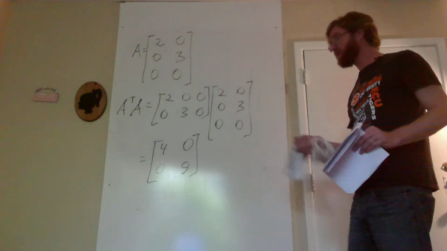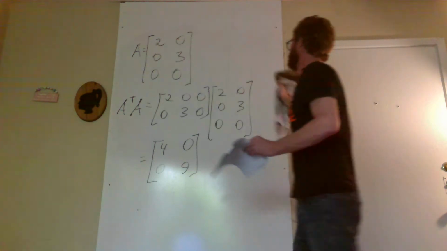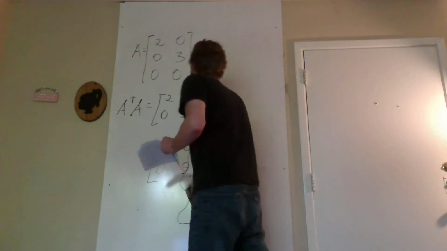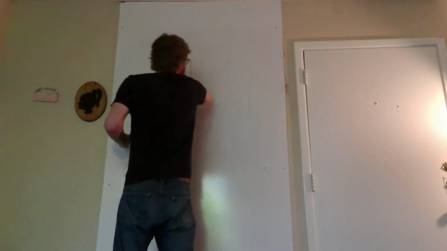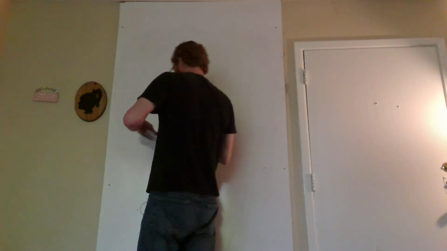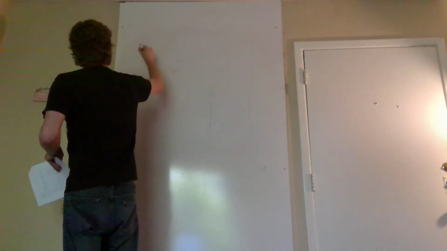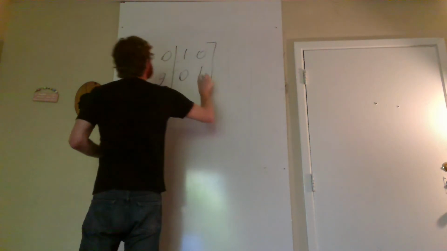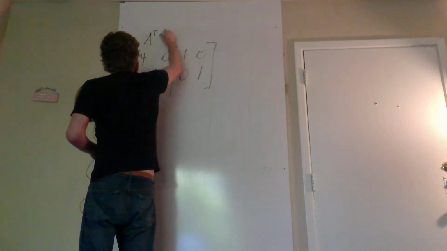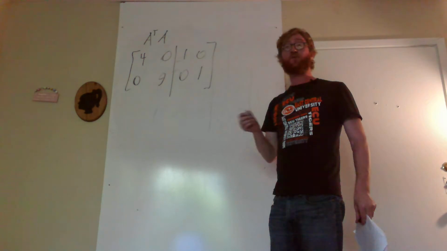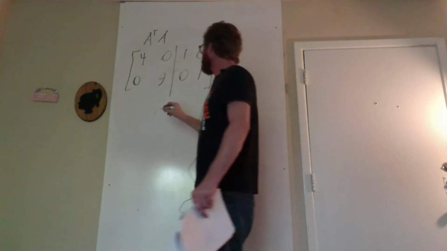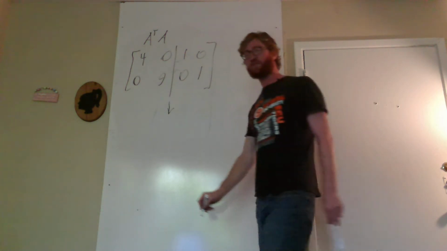Now step 2 is to find the inverse of A transpose A. So we have 4, 0, 0, 9 augmented with the identity matrix. We have A transpose A and the identity matrix, and then we go through those normal steps like we were doing before to get the identity matrix onto the opposite side of the problem.